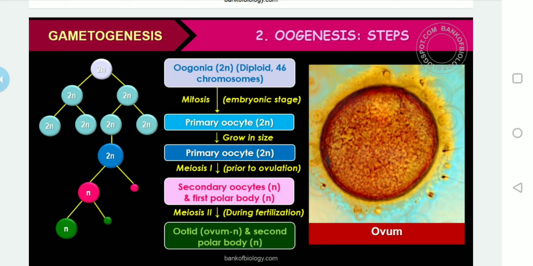Generally they can ask this as a 1 mark question, so that's why I'm telling it repeatedly. Before I summarize the whole process, just observe the flow chart they have given.